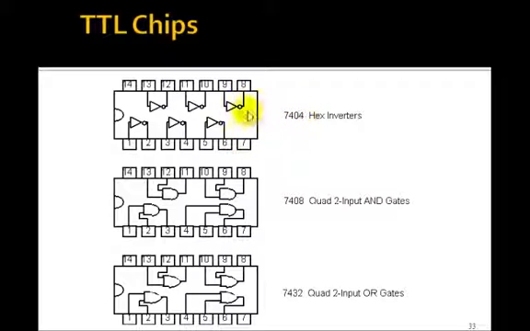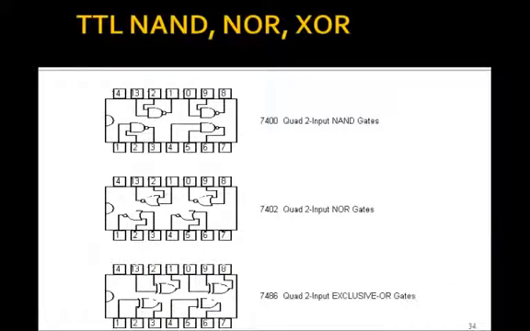So this 7404 has 6 hex inverters, or NOT gates, in them. 7408 has 4 AND gates in them. You can see how they're connected. Shows you the pin numbers. This would be 5 volts, this would be ground. 7432 has 4 OR gates, so with this small chip you can get 4 OR gates.